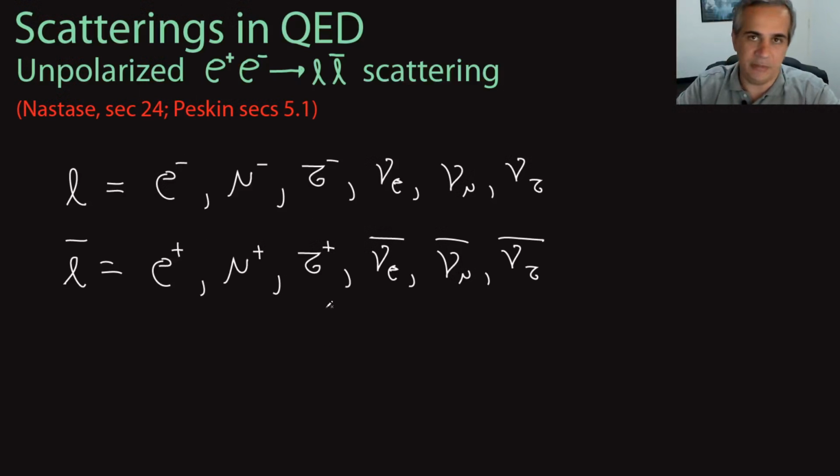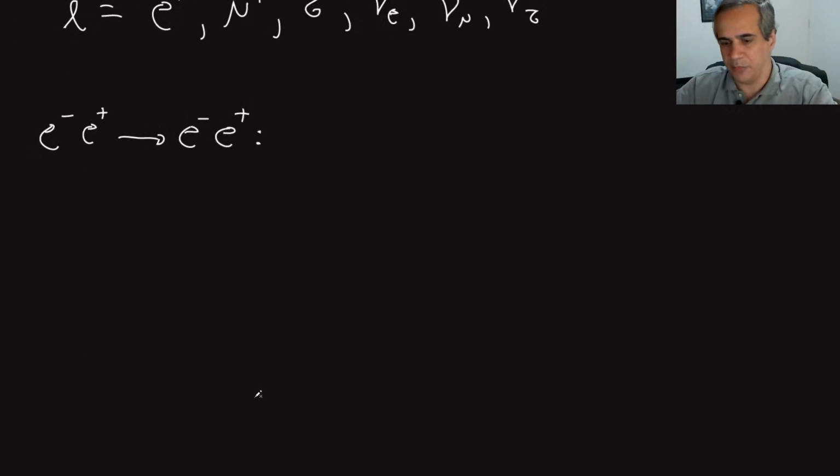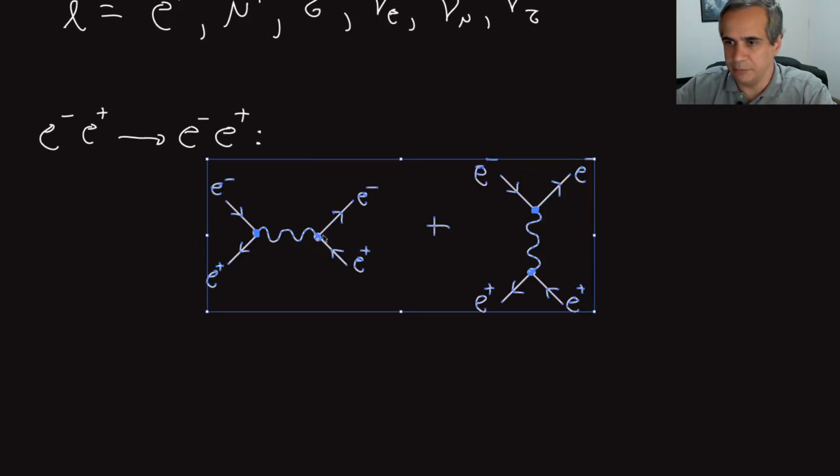The charged leptons, right? The first case is when this is actually the electron again. So then I'm talking about e minus, e plus going to e minus, e plus, right? In this particular case, there are two diagrams that contribute. Let me put them here.